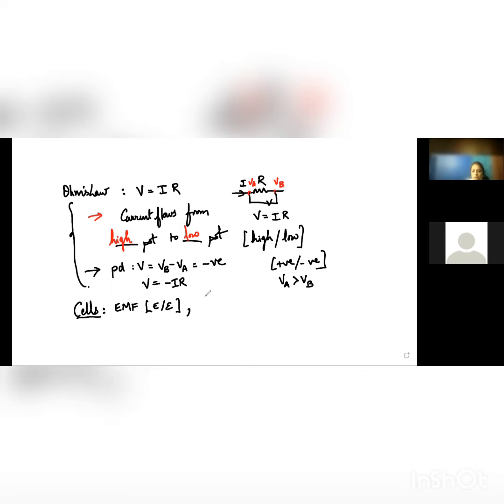Then you have terminal voltage, whose symbol is capital V, and also you will be learning about internal resistance. This internal resistance is small r.